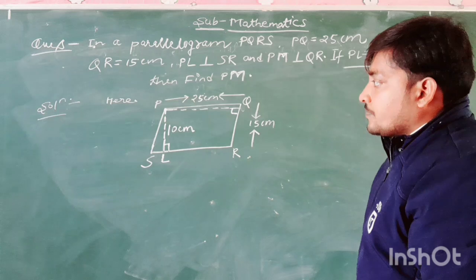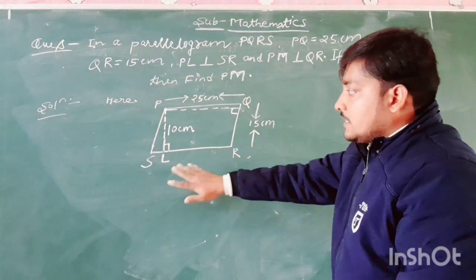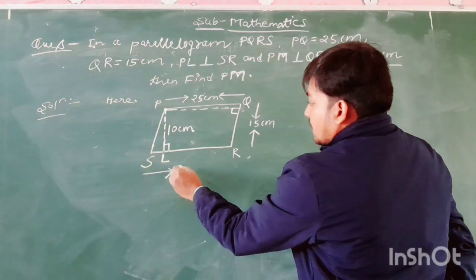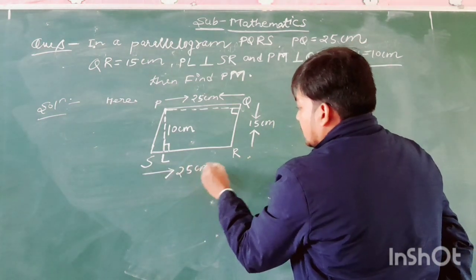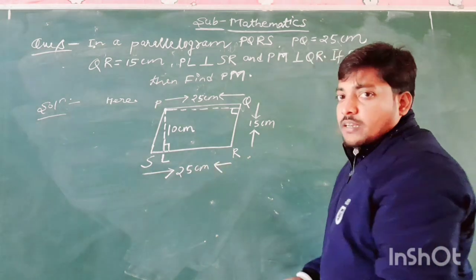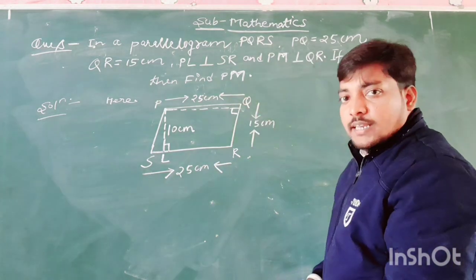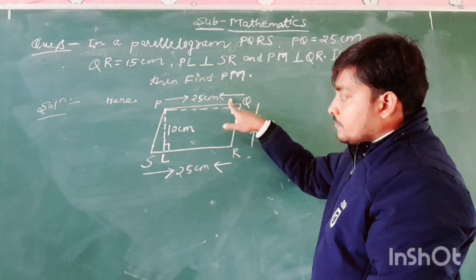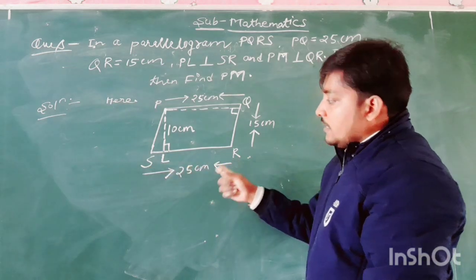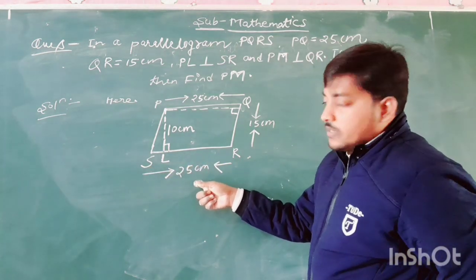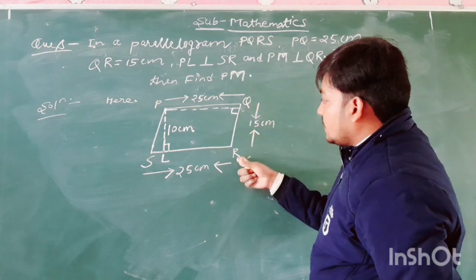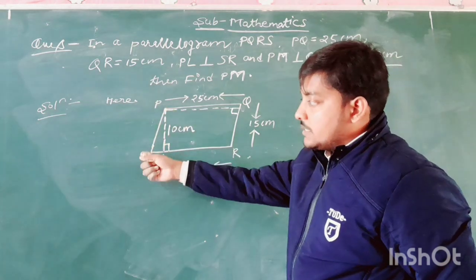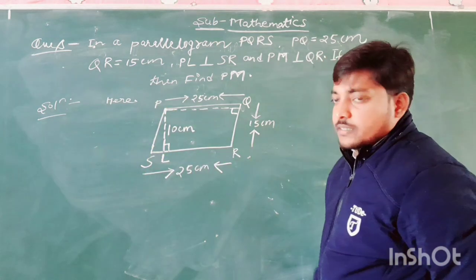In this problem, if we take the base SR, which is 25 centimeter, because in the parallelogram opposite sides are parallel and equal. So if PQ is equal to 25 centimeter, then SR will also be equal to 25 centimeter, and QR is 15 centimeter, then it will also be equal to PS, which is 15 centimeter.